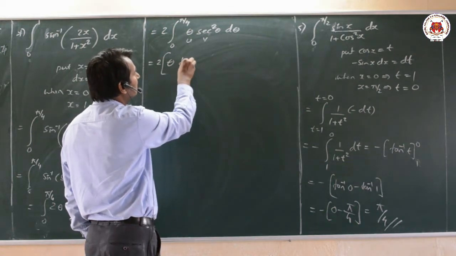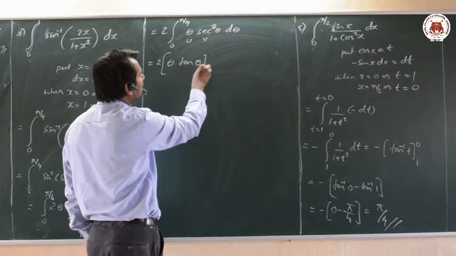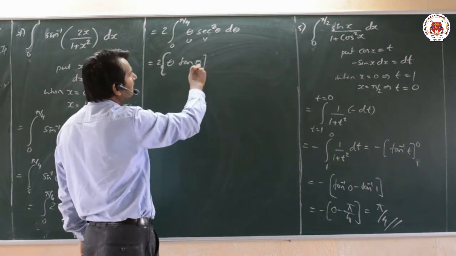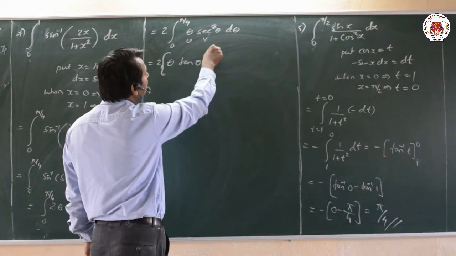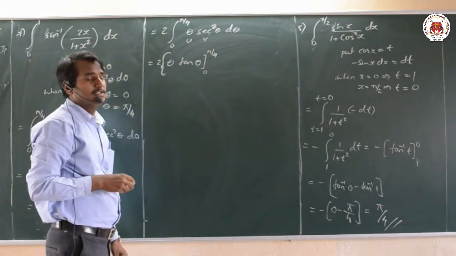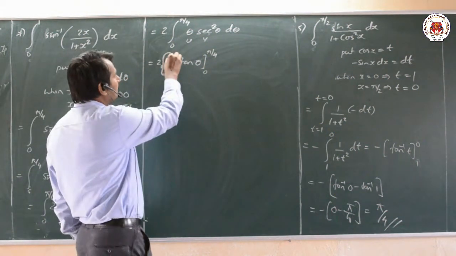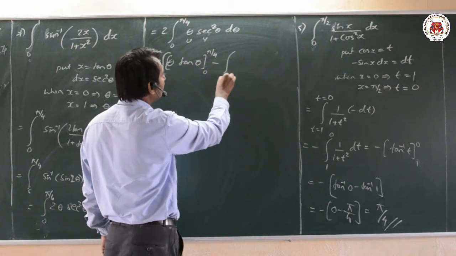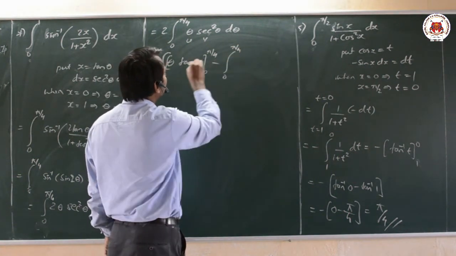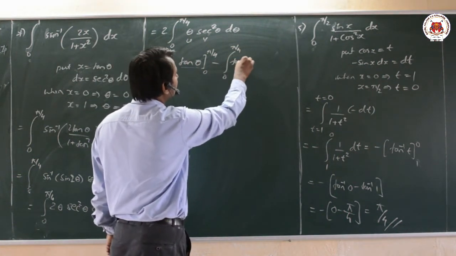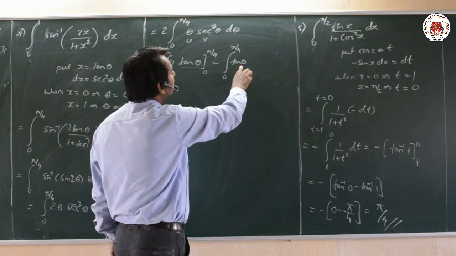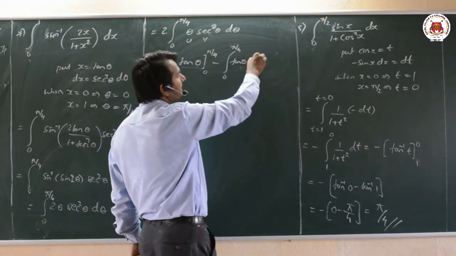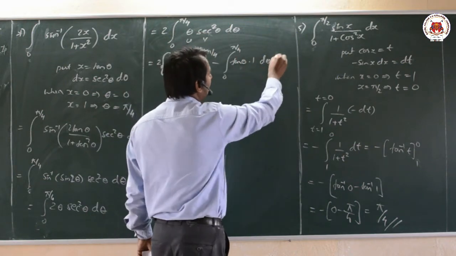That is nothing but tan theta, with the limit from 0 to pi by 4. Minus the integral from 0 to pi by 4 of tan theta into the differentiation of theta, which is 1, d theta.